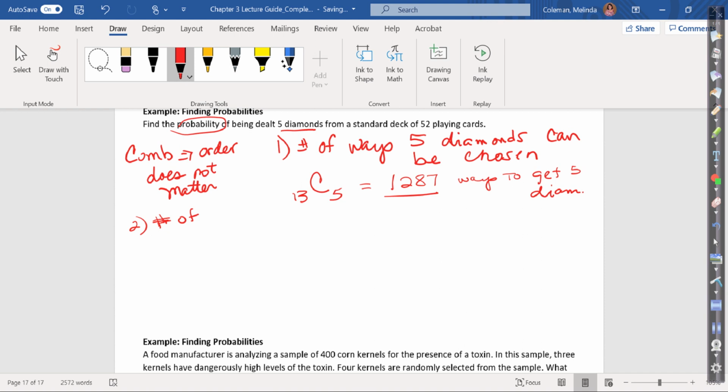So part 2 is going to be the number of ways any 5 cards can be chosen. That's going to be a combination. Order still doesn't matter. It doesn't matter how I hold those cards in my hand. I still want 5 cards, but this time I have 52 cards to choose from.